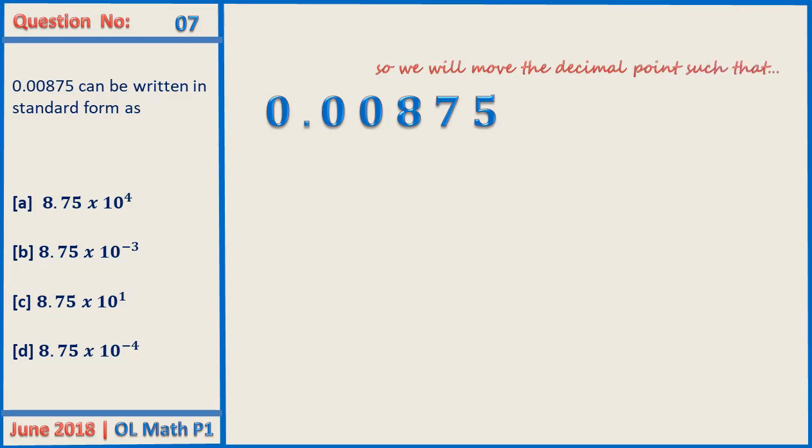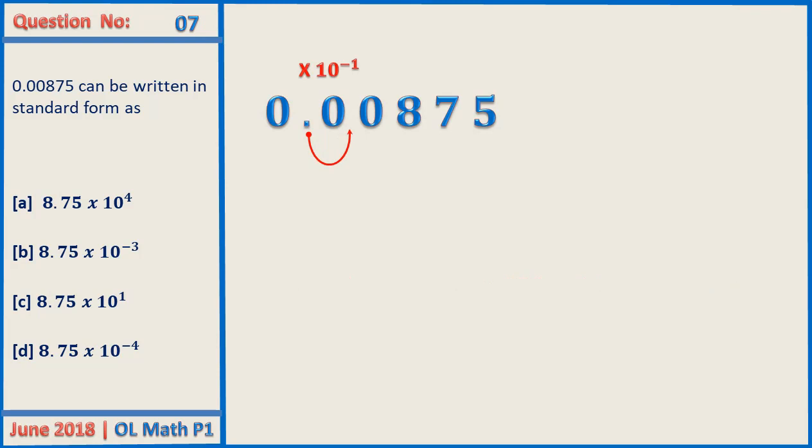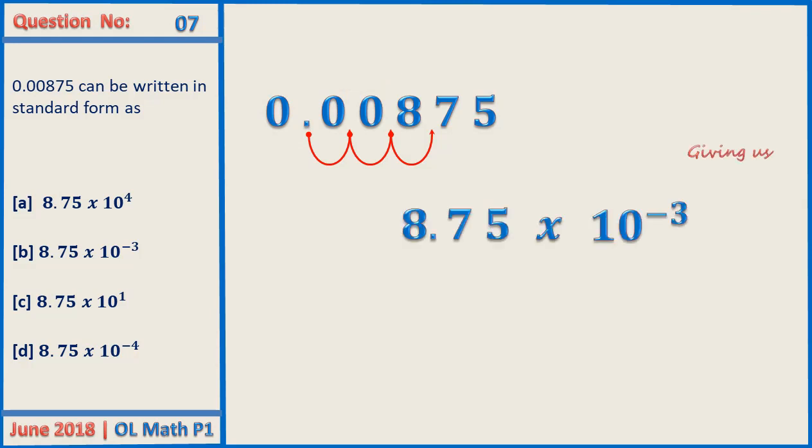So we will move the decimal point such that the number has the form 8.75 times 10 to the power a certain number. So let us see how we move the decimal point. Moving it to the right once, we have times 10 to the power -1, twice times 10 to the power -2, and thrice times 10 to the power -3. This number now has the form 8.75 times 10 to the power -3, and it is now in standard form. So the key here is B.